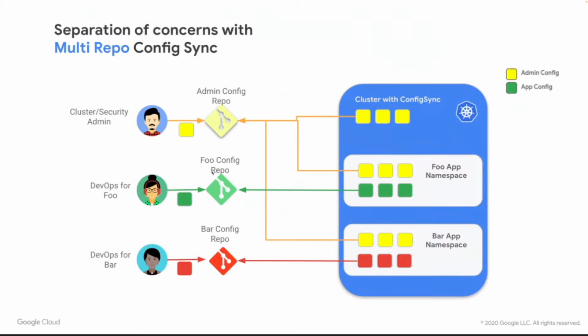For example, if you want to deliver a foo application, there is a foo GitOps repo, which is where the configuration for the foo application will reside. Config Sync will continuously make sure that the runtime state of the cluster matches the desired state in the Git repo. So the way to deliver any change across a fleet of clusters is just to push a new change into the configuration GitOps repo over here.